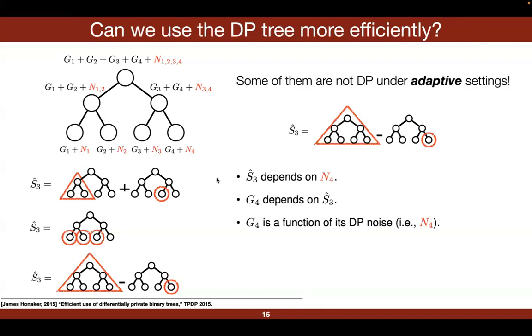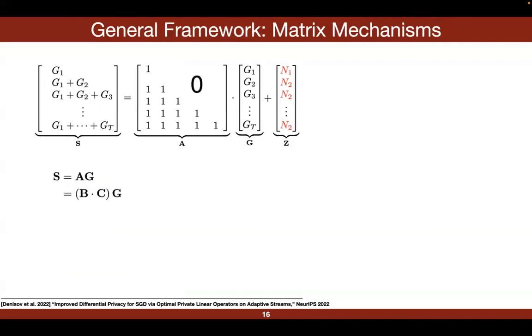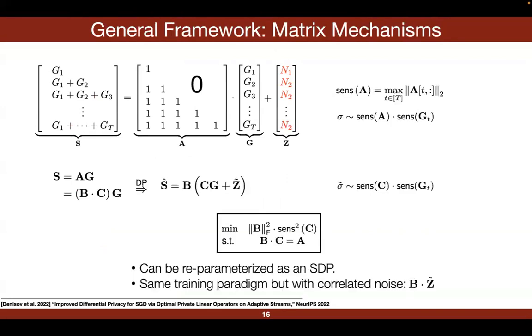This problem has been encountered in DP for a while, but previously in the non-learning setting it was less adaptive, so they didn't consider the adaptive setting. It's only recently, when they try to apply this kind of approach to learning, that they have to develop something new to handle adaptivity. But you are right, this is a very general framework, a general problem in DP. Okay, thanks.